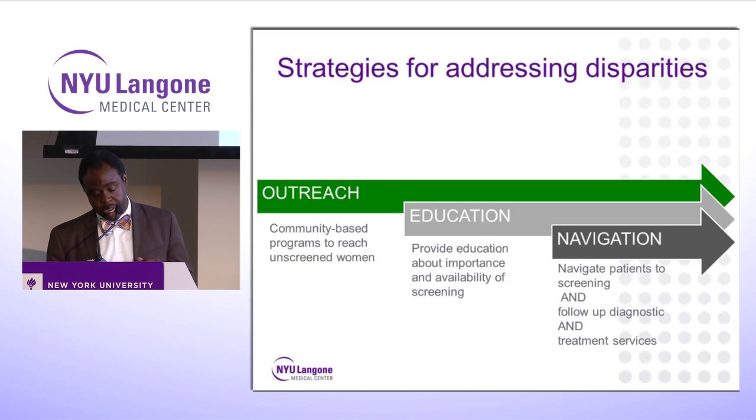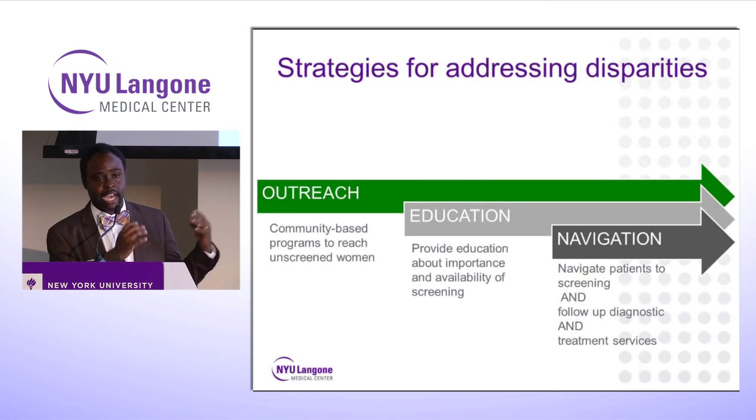One of the things we are thinking about currently at NYU is how we can implement these three strategies together to identify people, educate them, and then navigate them to where they can get the proper care, and see them all the way through the process.